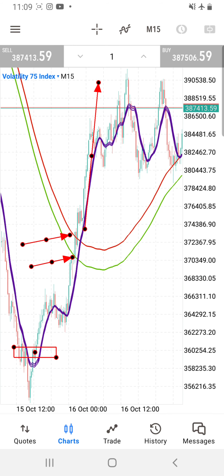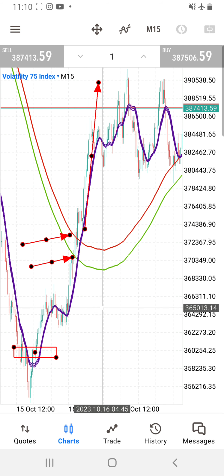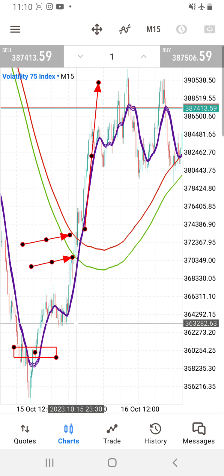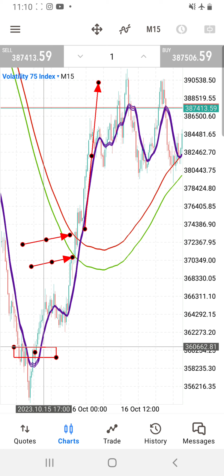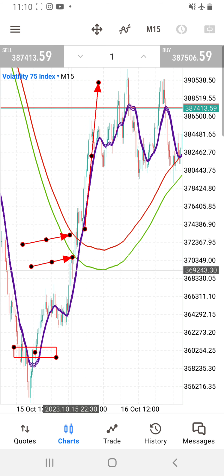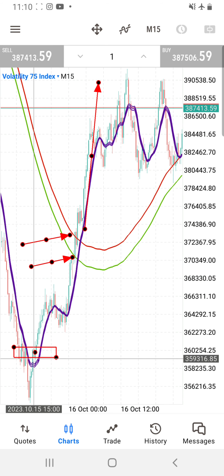Now one can probably ask, why didn't we enter even here or here in the beginning? Why did we wait? This is a three confirmation strategy. You want to really get to the trend. So you don't want to be entering on retracements, you don't want to be entering on pullbacks. That is why we avoid entering here or here at the beginning.